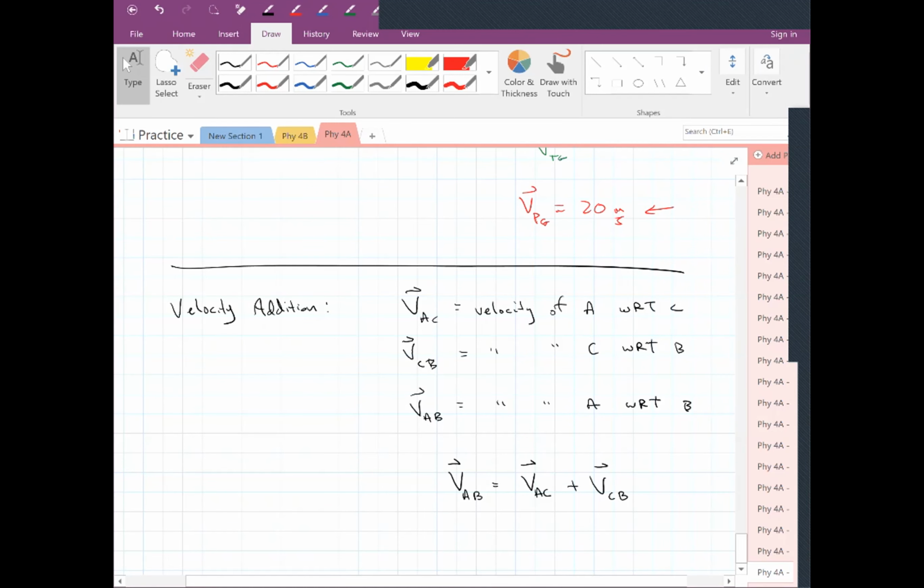So the first one has to be the same. The first subscript has to be the same.